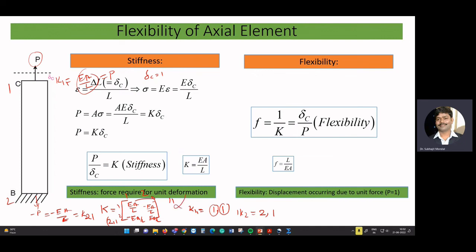This way we get the stiffness matrix for an axial element.